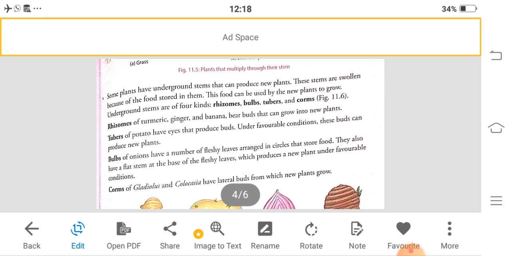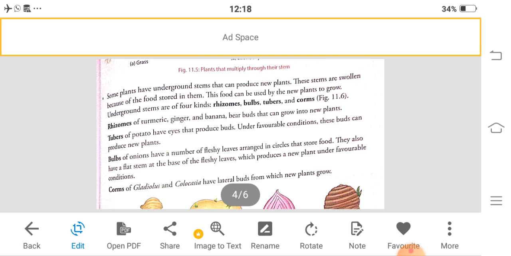Some plants also have underground stems, which help them to multiply, and they also contain food. This food is used by the new plants to grow.